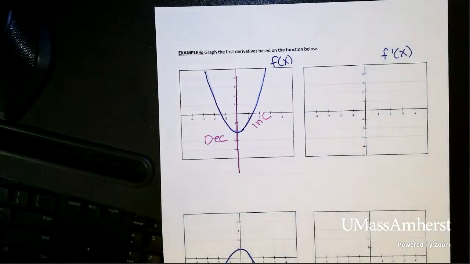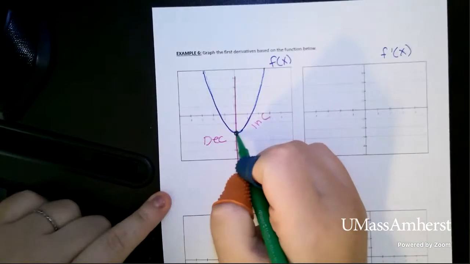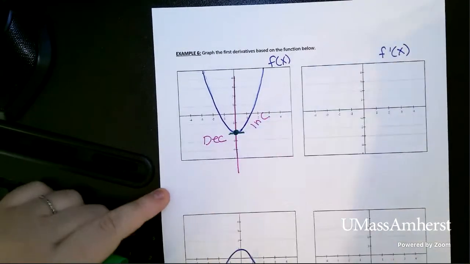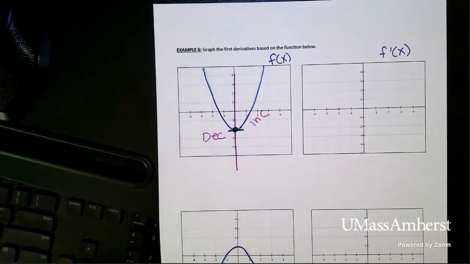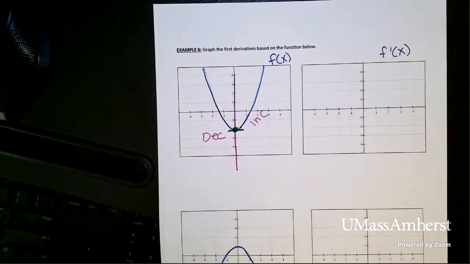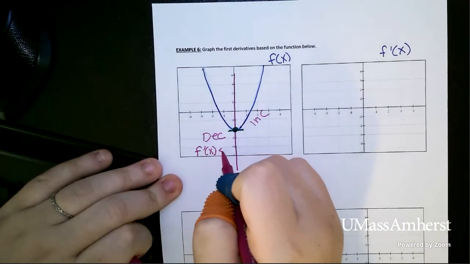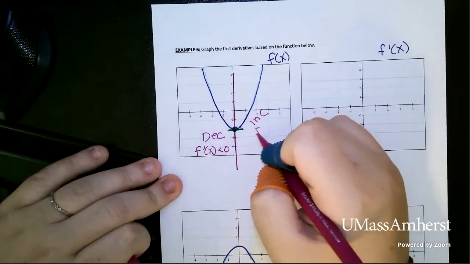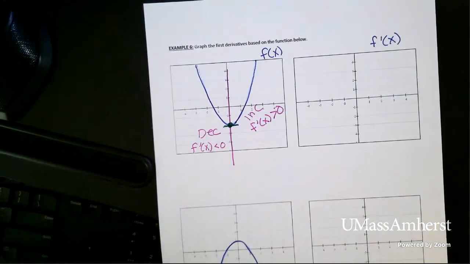And the other piece that's important here is the point where I turn around, where that derivative is 0, okay? So when I'm decreasing, I know that my derivative is negative. When I'm increasing, I know my derivative is positive.